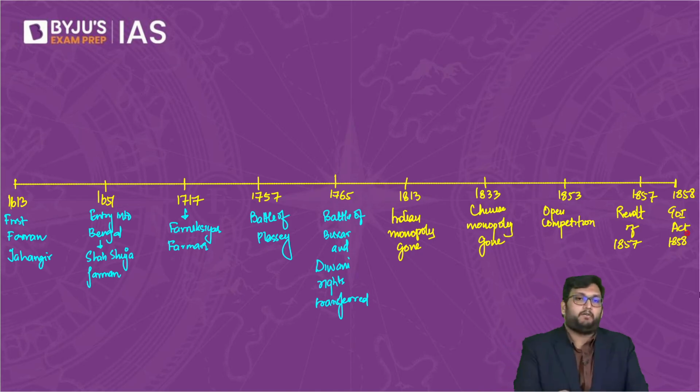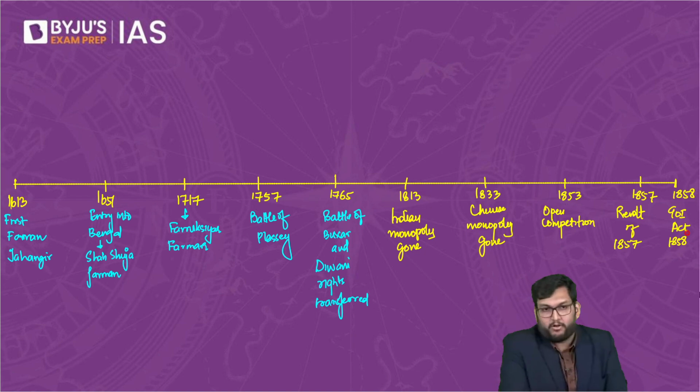Now, do you realize that we've actually not gone far in the story? It's 64 in the battle, 64, 65 Diwani rights.